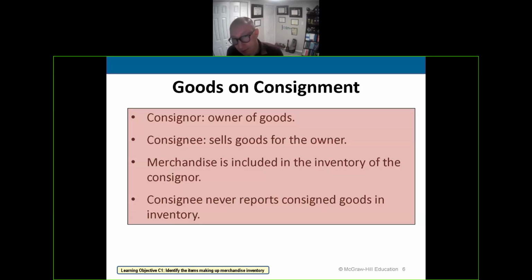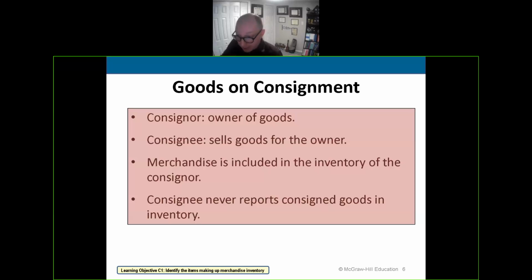The merchandise is on the inventory of the consignor. It's my inventory. I own it. Although I'm not selling it, I own it. So that's my merchandise that I'm selling. So the consignor is responsible for the merchandise until it's sold.